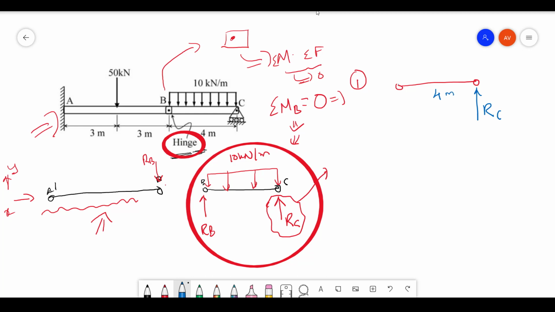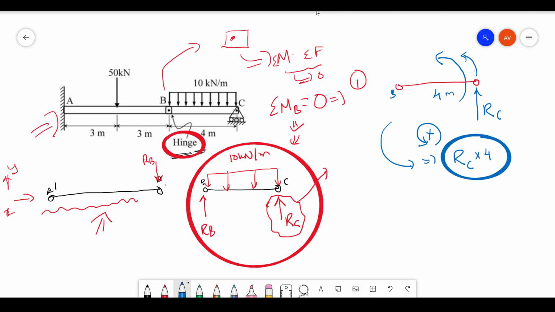This is your point B. The force direction is like this, so it is going to rotate like this about this point. Let me consider this direction to be positive. That means the moment at B due to RC is RC into the distance 4, positive.